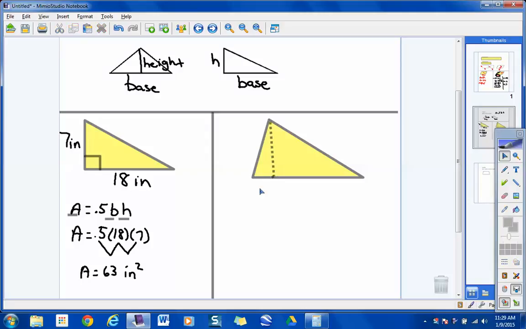Okay, you guys see my height in here? Okay, let's get tricky with this right here. I'm going to call the base length down here 12. I'm going to call the height up here x plus 4.